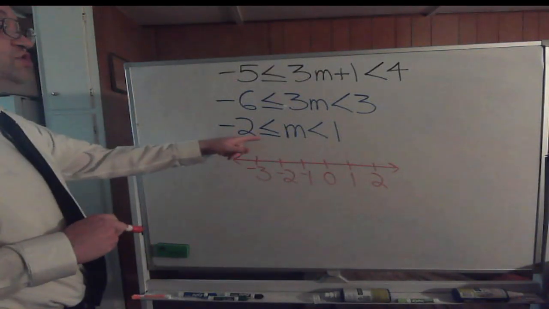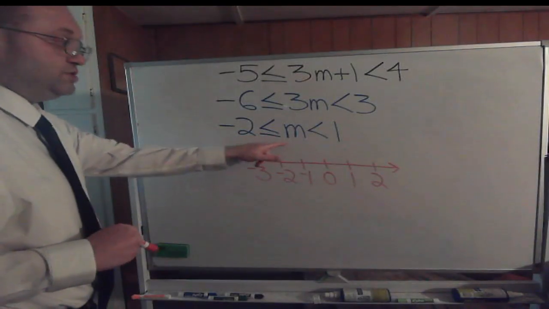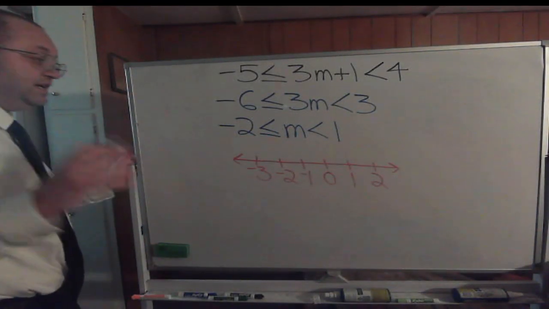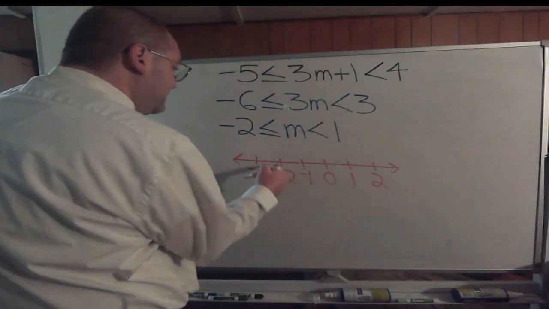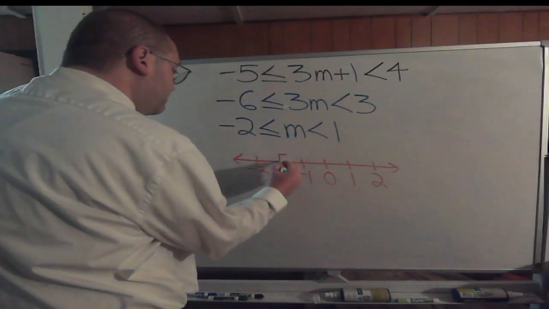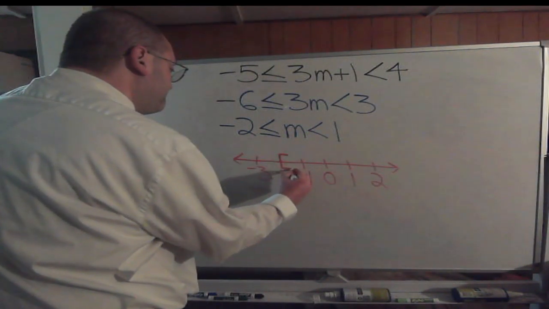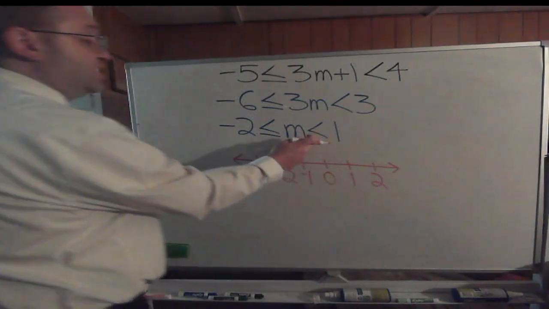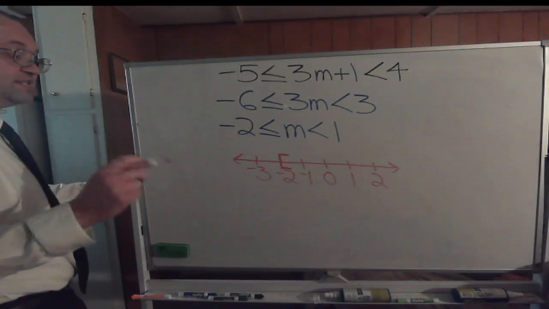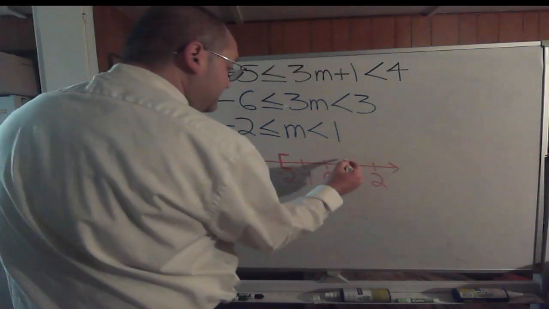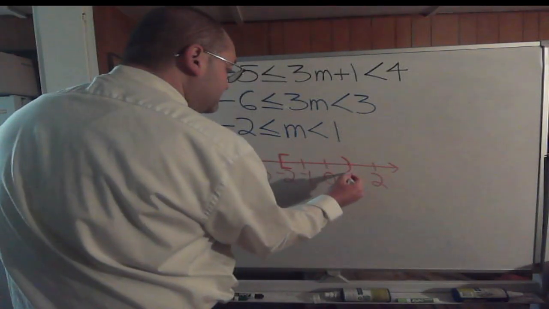So negative 2 is less than or equal to m. Since it's got the equal component, I'll put a bracket at negative 2 where the open part of the bracket faces to the right. And since m is just less than 1, I'll put a parenthesis at 1 where the open part faces to the left.